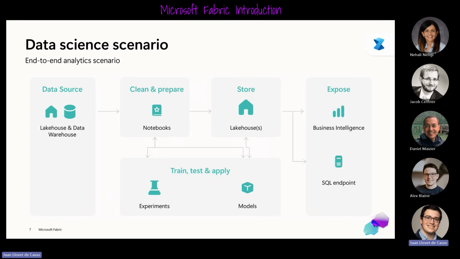Another use case supported within Fabric is the data science scenario. And as you will see at this point, we're already working off of our lakehouse. We can use notebooks in Fabric and experiments and models through the integrated MLflow catalog that exists in Fabric to develop and train and test our data science models within Fabric. So with the existing data we have, we are going to be building up predictive models.